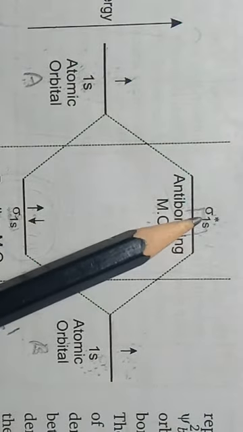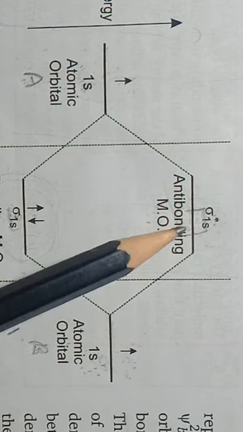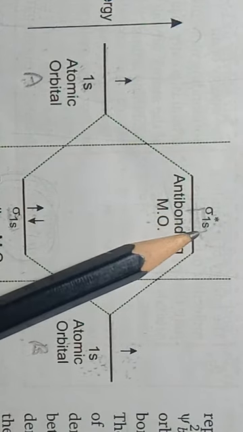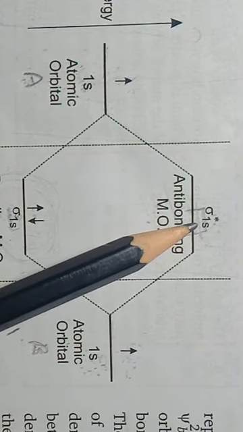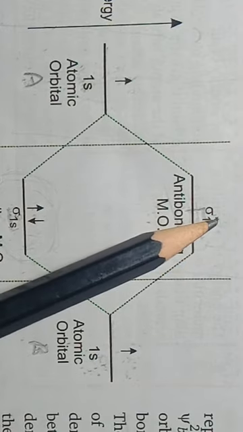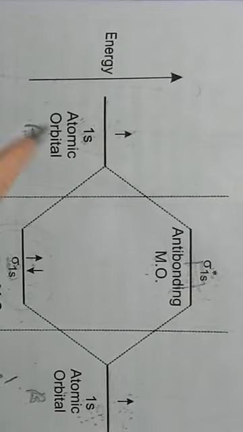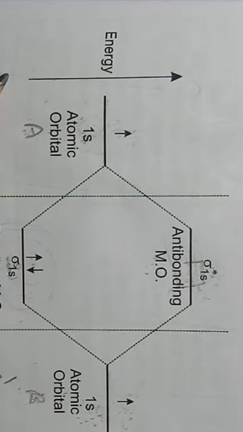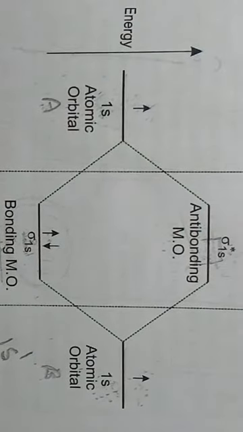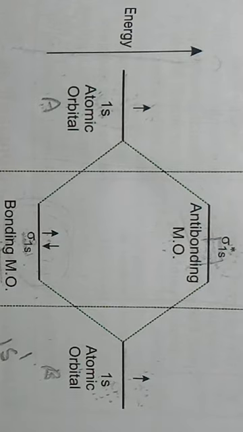The rest of the symbol is the same, only the star differs. The anti-bonding molecular orbital is vacant, without electrons. This is the energy level diagram, and the energy increases from this side to this side. In this way we can represent bonding and anti-bonding molecular orbitals with the help of energy level diagrams.